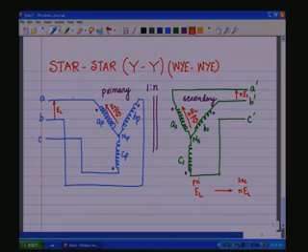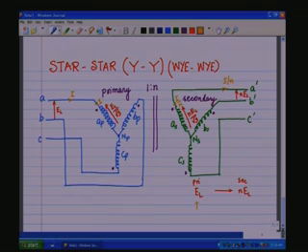Likewise, if I pass a current of I in the primary line, I is the same current which flows through the primary phase into the dot, and therefore, the current that comes out of the dot on the secondary is just I by n, scaled by the turns ratio, and that is the line current also for the secondary side.